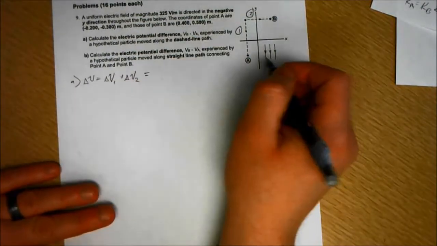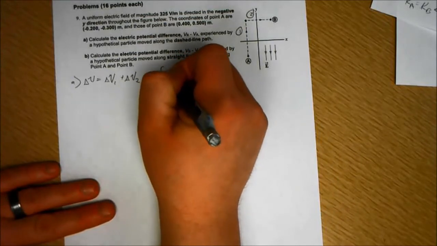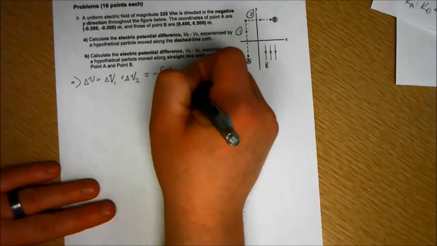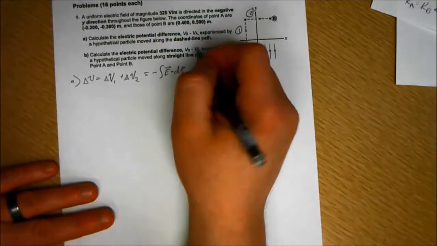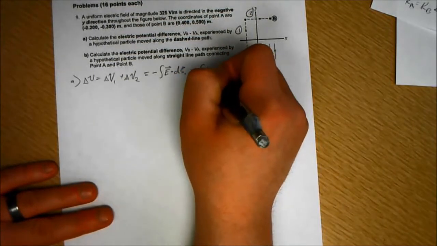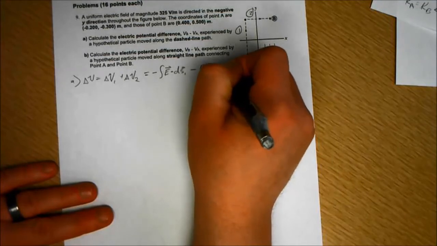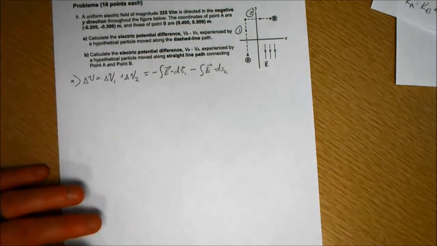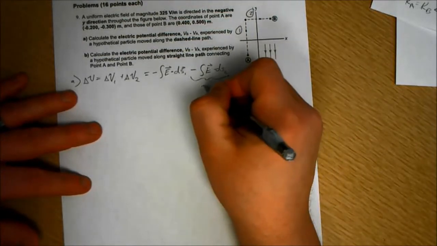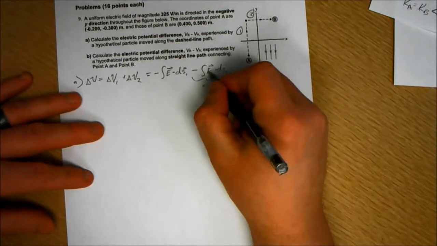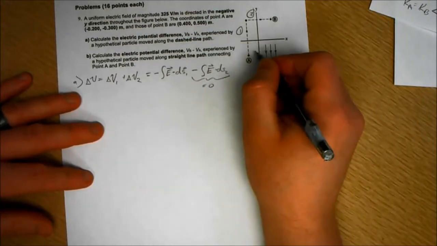Now, given the definition of potential difference, I can write the integral of E dot ds1, I'll call it ds1 because it's along path 1, minus the integral of E dot ds2. So I hope you see already that this must equal 0, because the dot product between E and ds2 is 0.